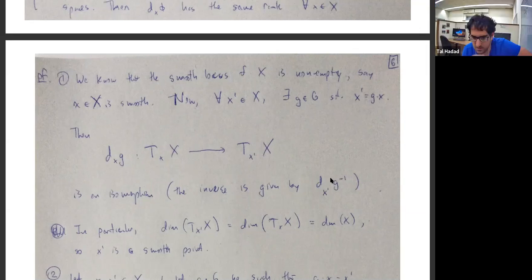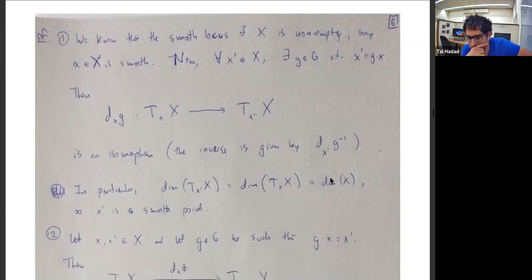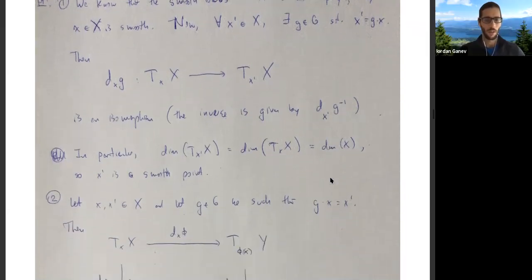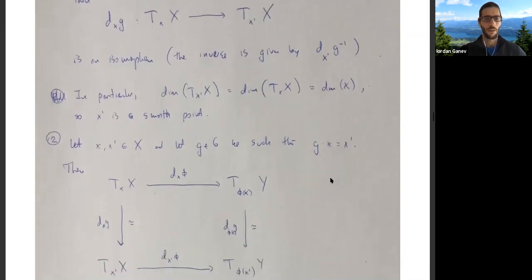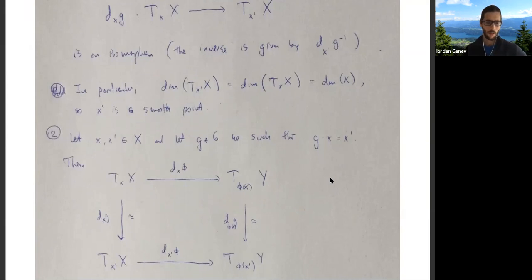Yes. So, what about this second fact? Let me say the proof of the second fact and then we take a break. The second fact claims that if we have a G-equivariant map between homogeneous G-spaces, then it's of constant rank.